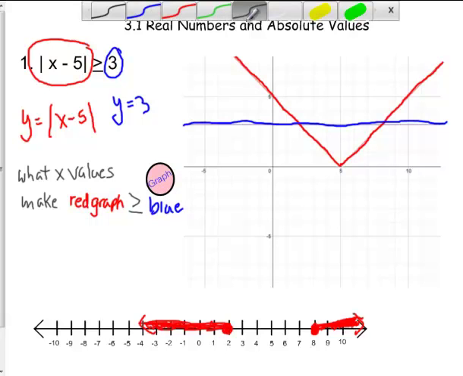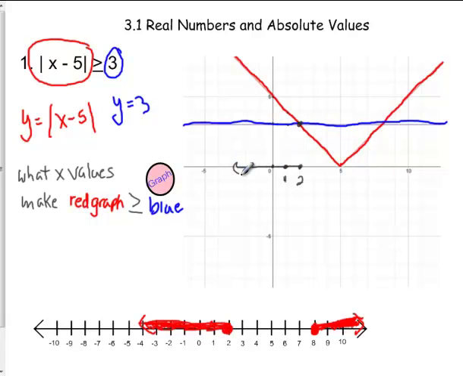All right, when I look over here, my x values, here is my red graph, and an x value, what's this x value right here? Well, that's the x value 2, is where the red and blue graph equal each other. At 1, the red graph is above the blue graph. At 0, the red graph is above the blue graph, so any x values this way.